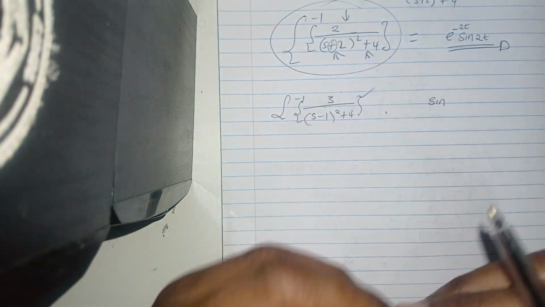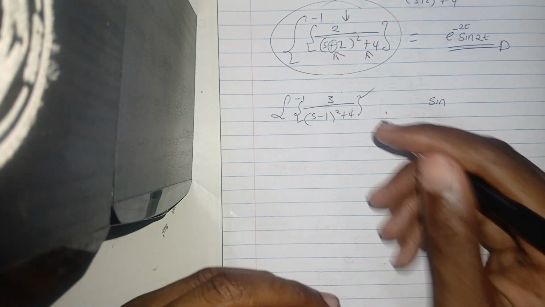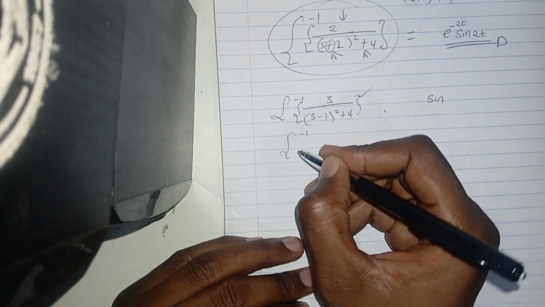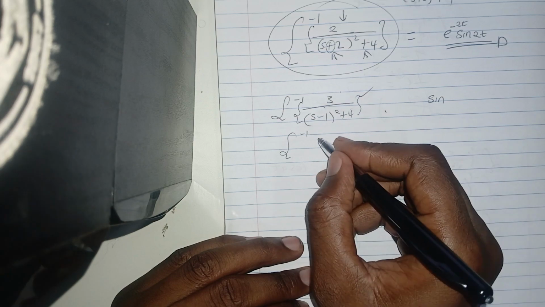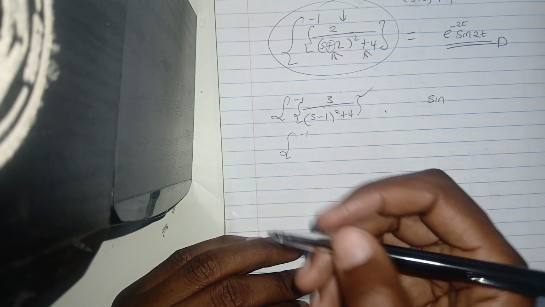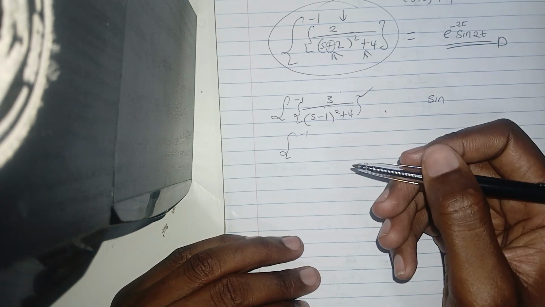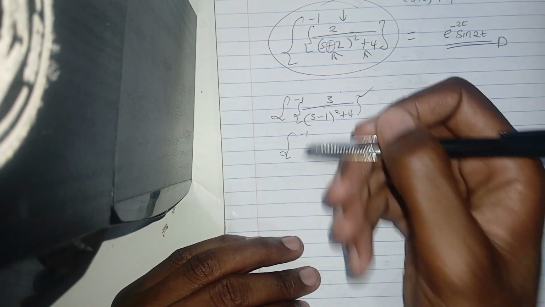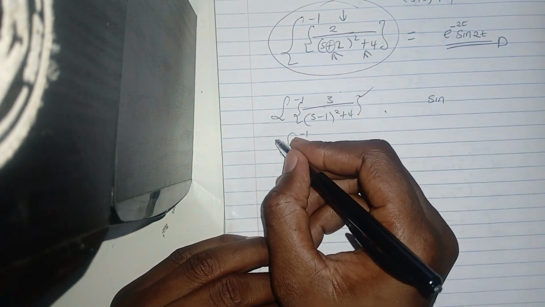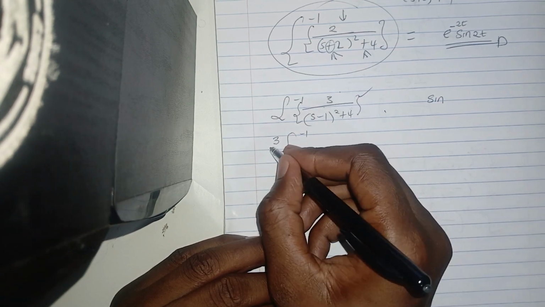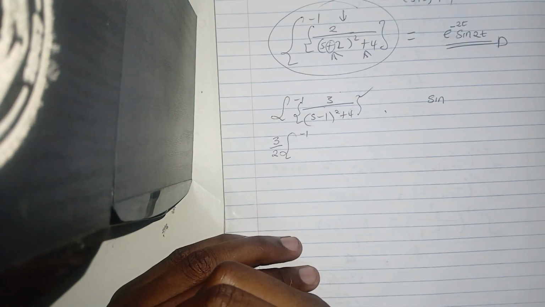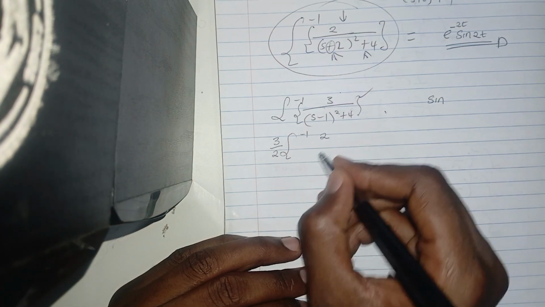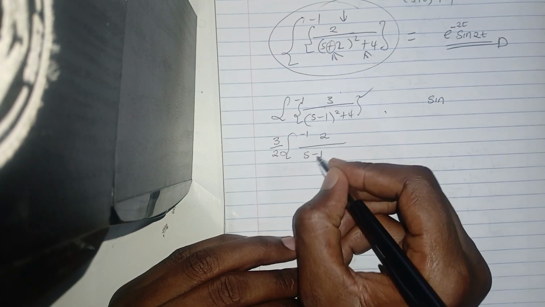Now let's try to put this in order. I'm not going to solve anything now because you are being unfair. Laplace transform, you are being unfair with me. Now I need to try by all means to be manipulative, right? So we are going to take this 3 here and then divide it by 2. Why are we dividing it by 2? Because the Laplace transform is saying there should be 2 here for this thing to make sense with sine.